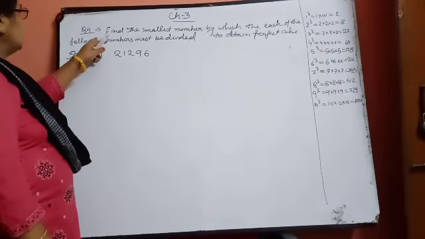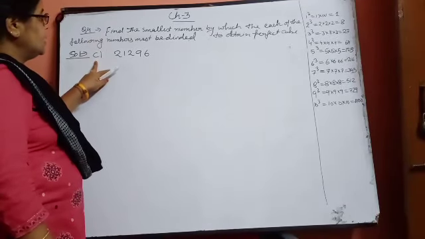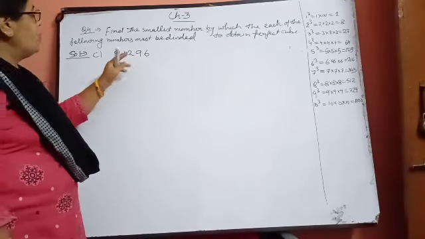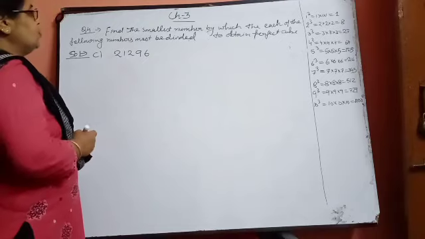Then we are moving to the next part of the same question. Now see, beta, same question, part C I am taking: 21296. It is not a perfect cube number, and by which number should we divide it to make it a perfect cube?